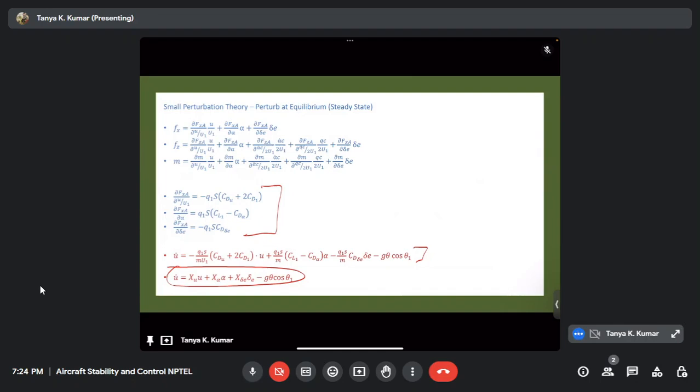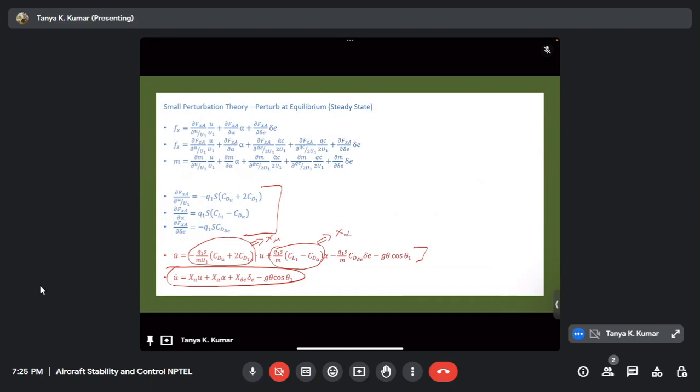So they're just written in a compact form. This is xu, this is x alpha, and you have that minus g theta cos theta 1. Remember that the quantities with subscript 1 are the steady state or the equilibrium values, trim values.